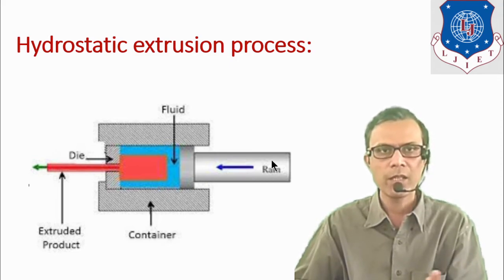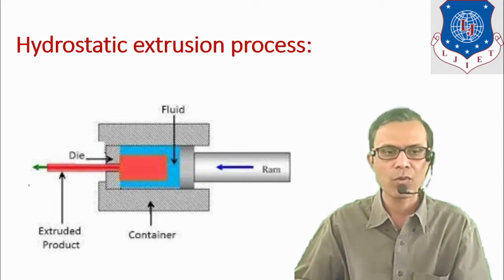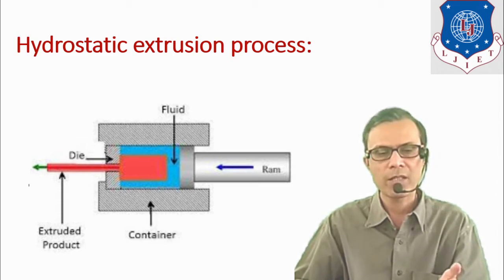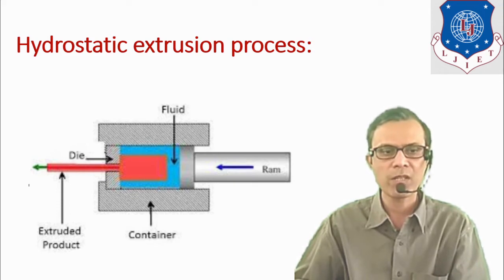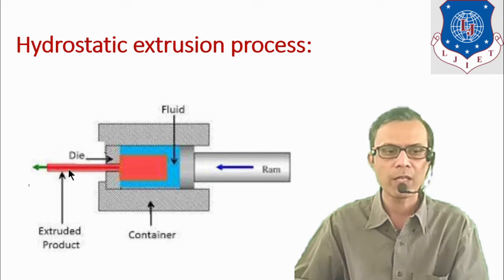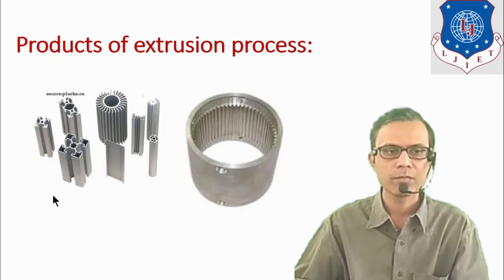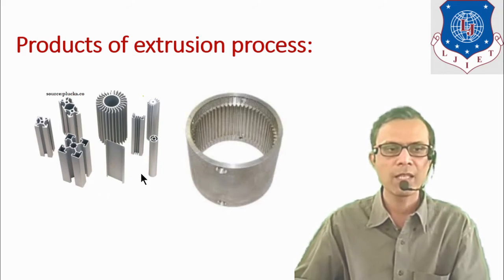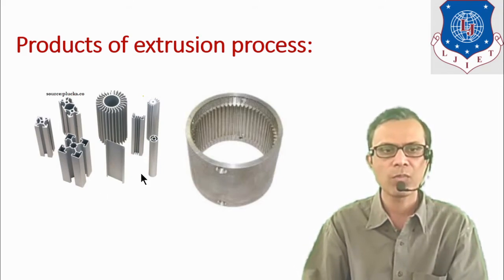Force is applied on the fluid, and that force is transmitted to the billet, and the billet is coming out through the die opening, which is the required extruded part. These are some of the examples of the extrusion processes.